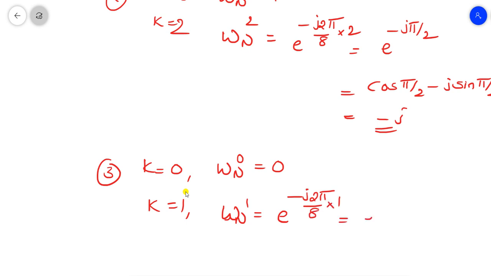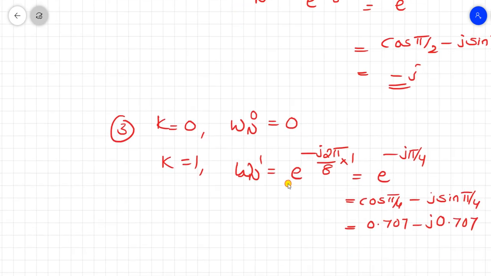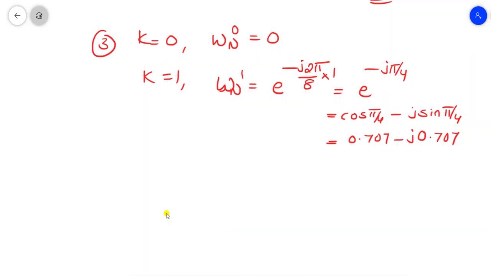Its value is e to the power of minus j pi by 4, which is nothing but cos pi by 4 minus j sine pi by 4, which is 0.707 minus j 0.707. Okay, and for k equal to 2, we already derived it just now, so its value is equal to minus j.